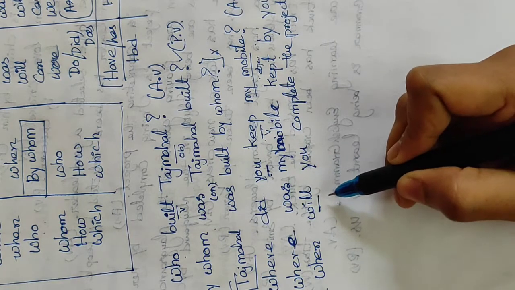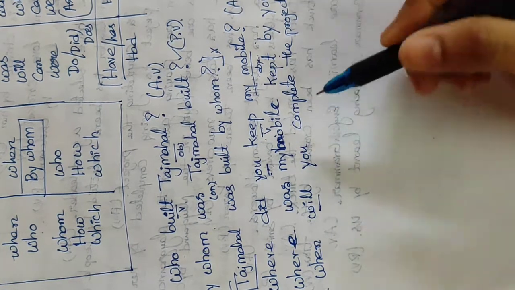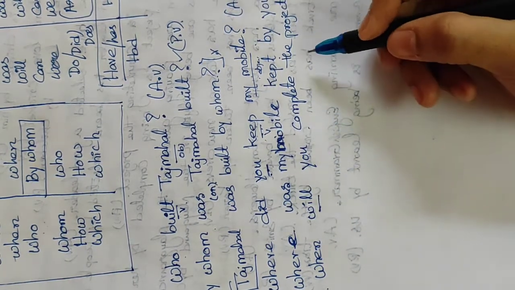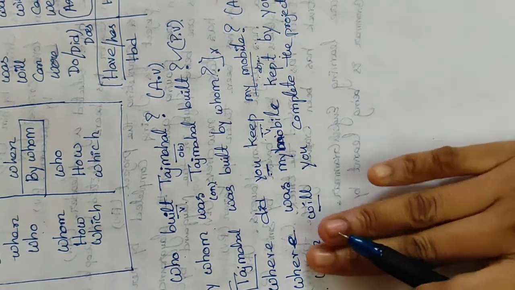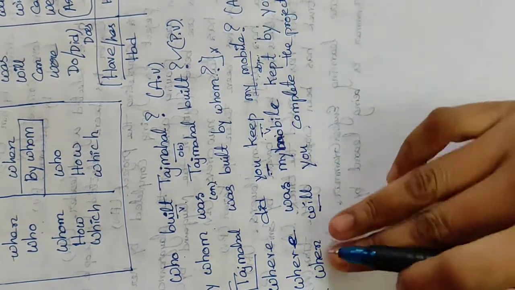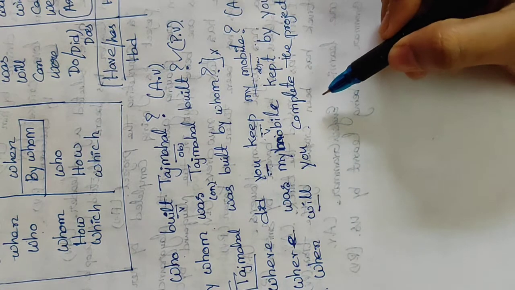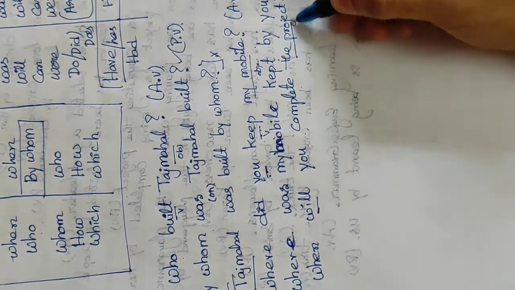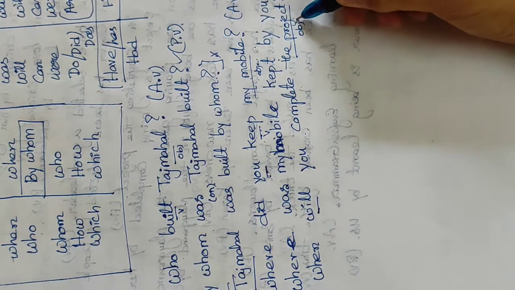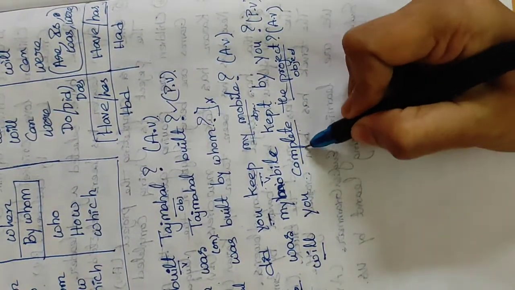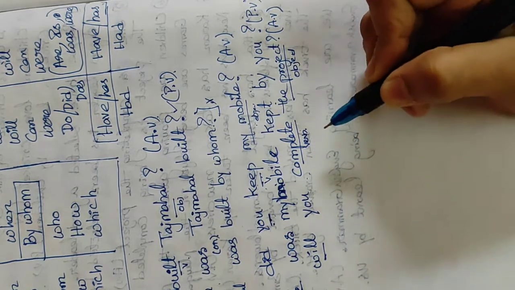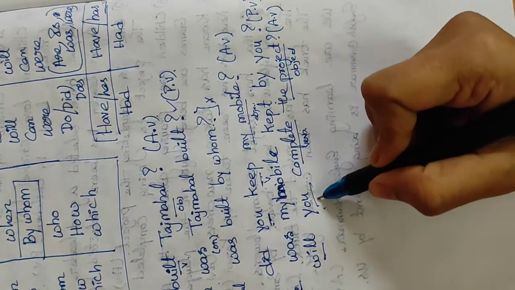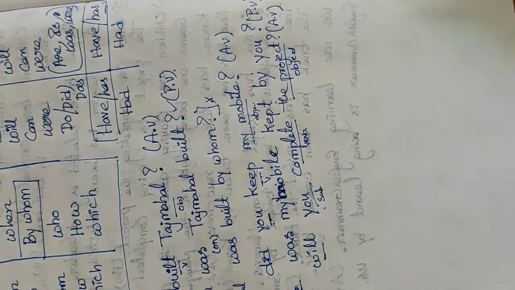Then what is the object here? Forget about this, we will do that. So concentrate after the question word, whatever the statement is there. You complete the project is there. So the project is the object, right? Complete is the verb. This is the main verb here. Next, what is the subject? You is the subject.